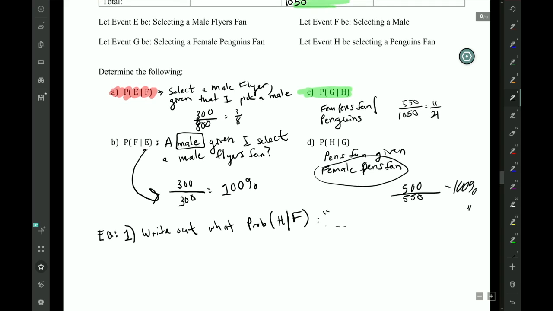Okay. And 2, I want you to find that probability.